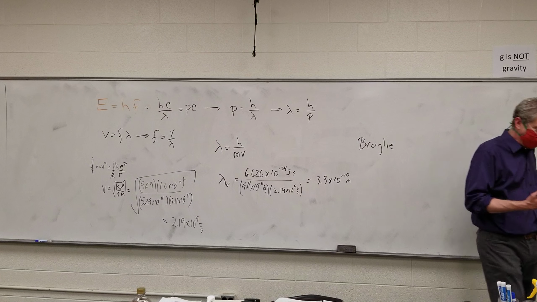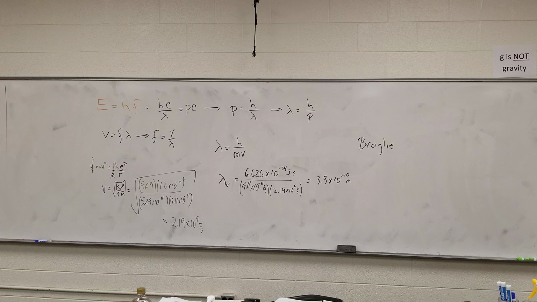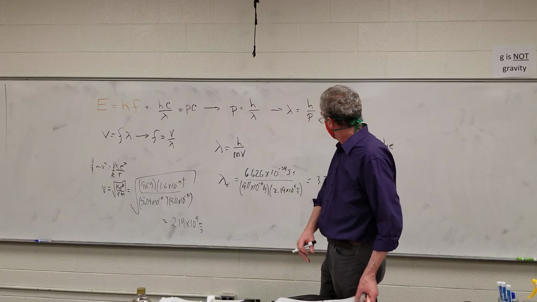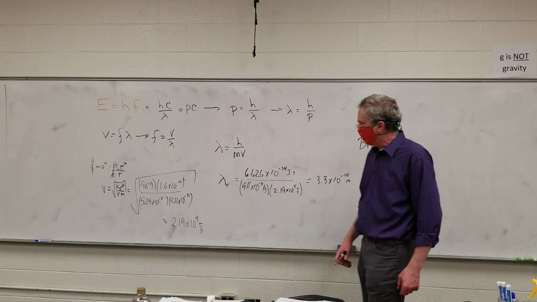So recognize that the wavelength of light itself is on the order of 10 to the negative 7th, and so this is 1,000 times smaller than, very crudely, light. It's not particularly big.